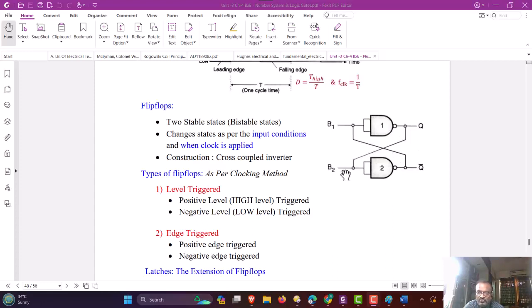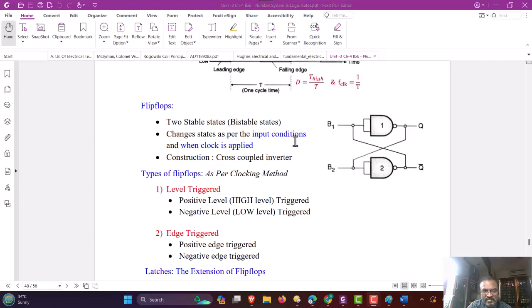And the outputs are cross-coupled. So there is a feedback from the output to the input of the next gate. And due to this feedback, the circuit will go from one stable state to another stable state whenever the input combination changes.